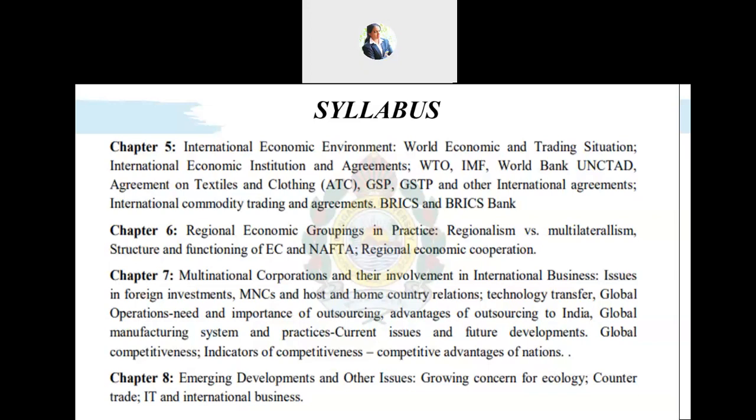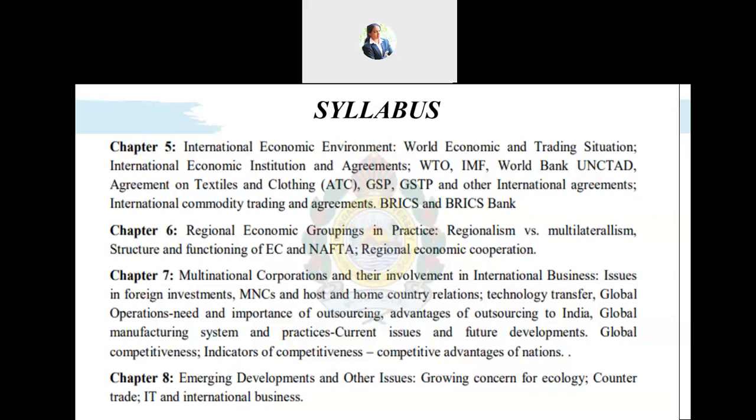Now, the seventh chapter is all about multinational companies. When we as an organization try to set up our business in different countries, and we are doing business in more than 2 or 3 countries, we would be called a multinational organization or multinational corporation.